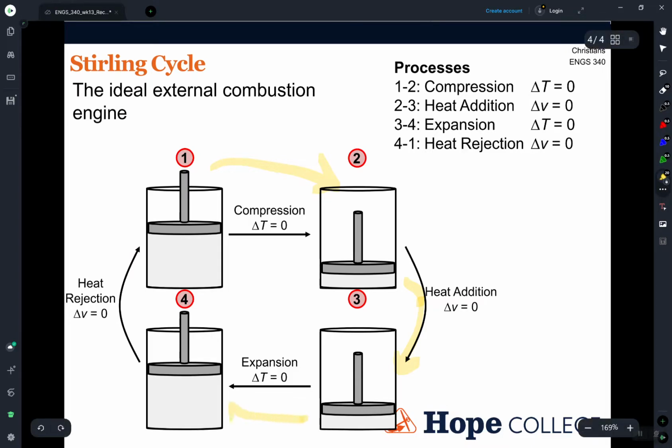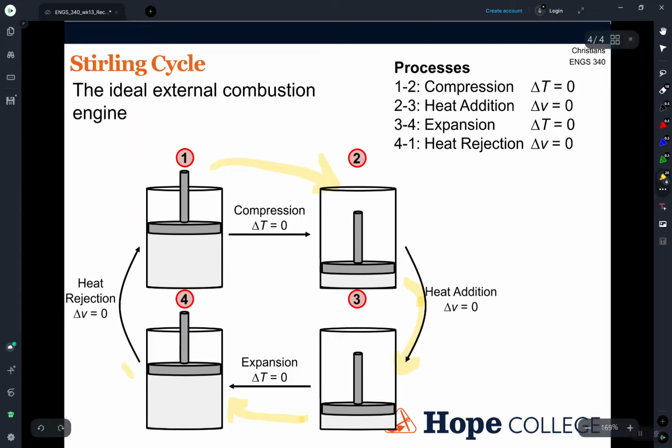Then we expand. Again, normally we would think we're expanding, temperature and pressure both go down together, but this is a constant temperature expansion. So pressure goes down, but we keep putting heat into the system so that temperature does not. Temperature stays constant even as pressure is going down.